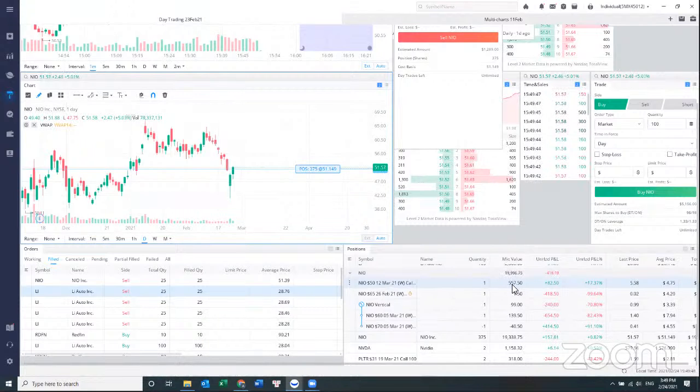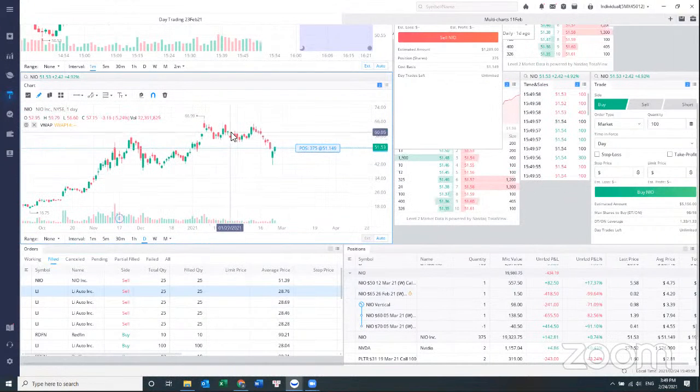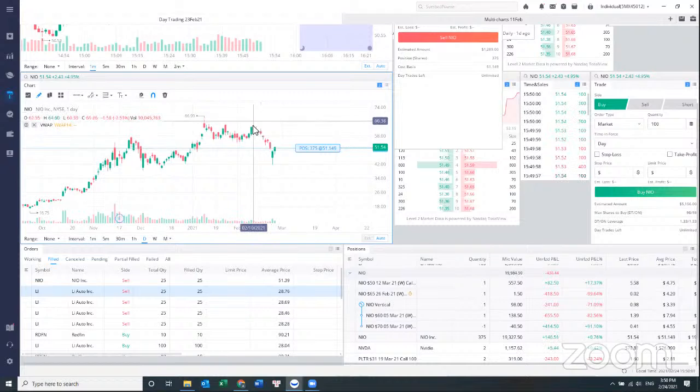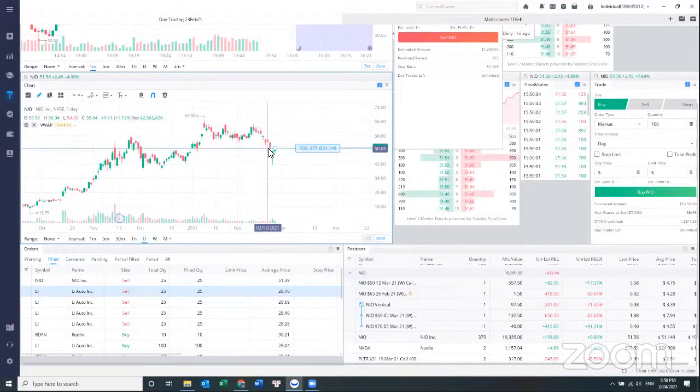Cost $500. Bought it yesterday. Gave $82 today. Bought this a while ago. I bought that here. It was very beautiful. It was forming a cup and handle at this top, and it got decimated for the past 2 weeks. So I lost, what is it, $400 on that.